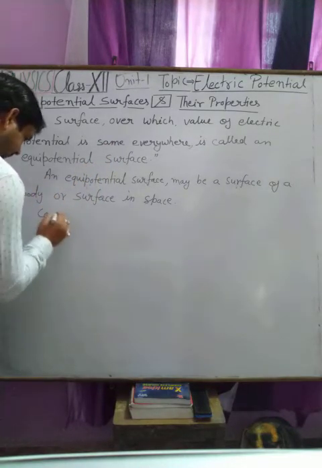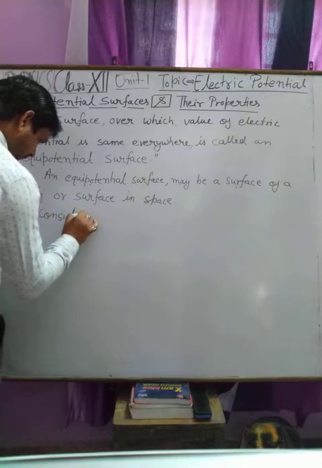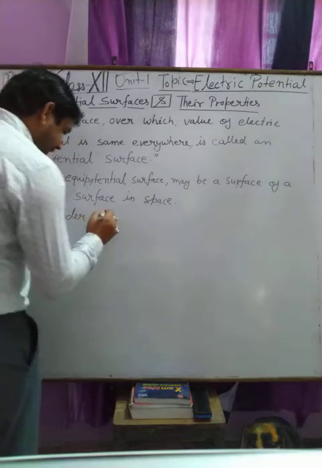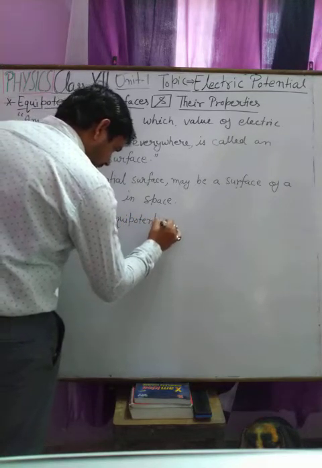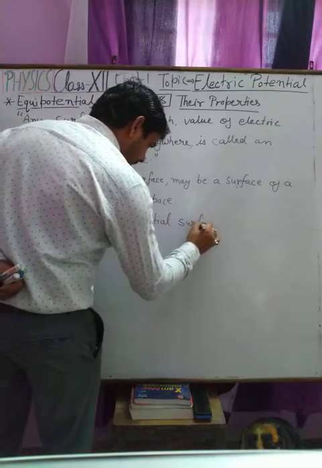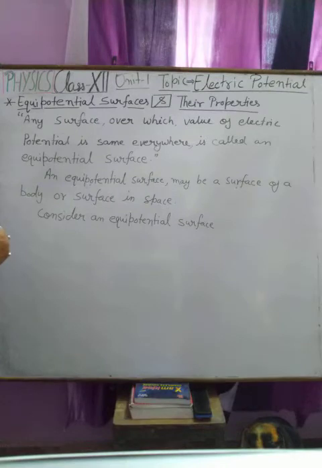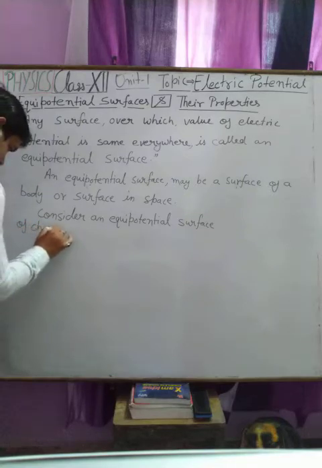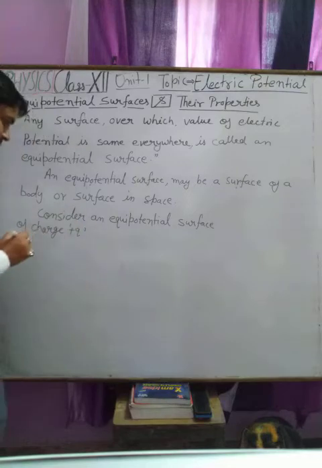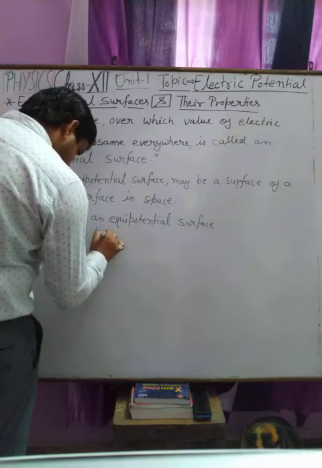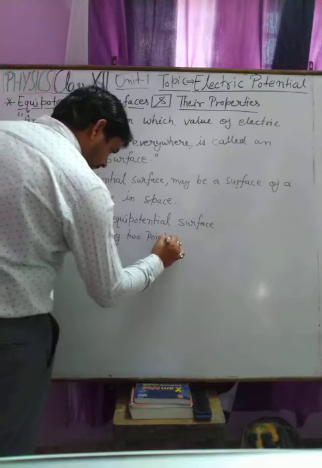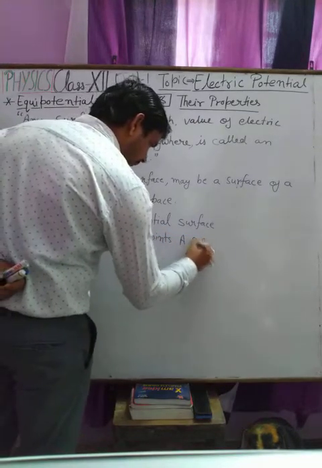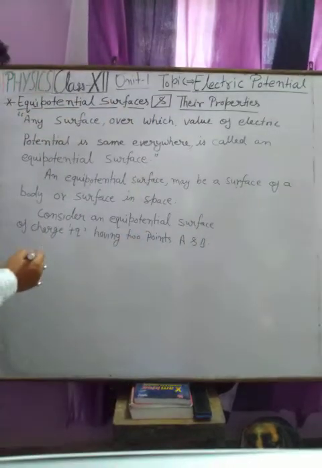Consider an equipotential surface of charge plus q having two points A and B apart by a distance.